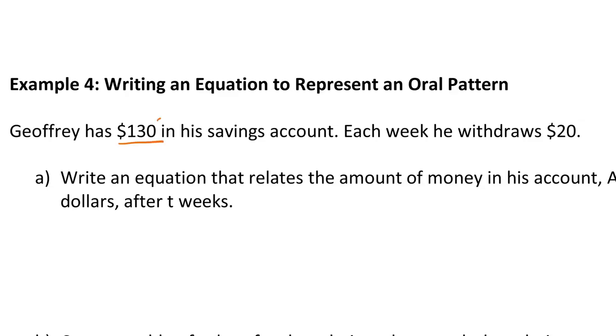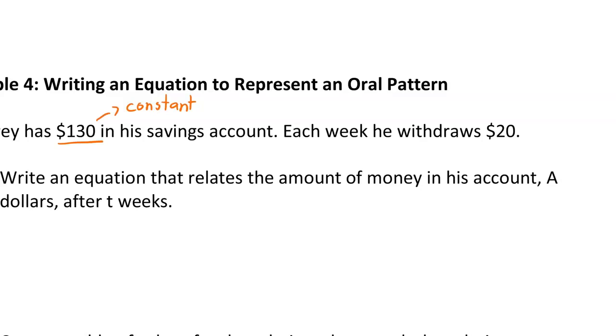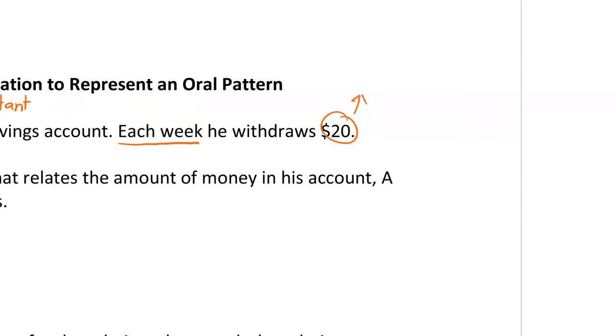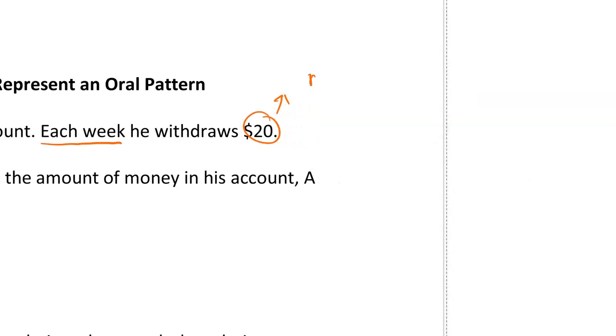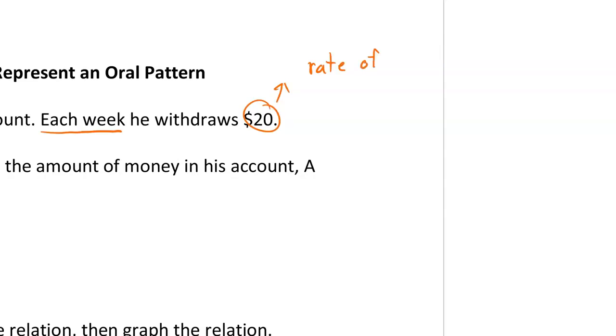Now, this is going to be our constant. So that's our initial value that he has in there. And each week, so whenever there's something that's changing, which is the weeks in this situation, this is going to tell us our rate of change. So $20 is our rate of change.